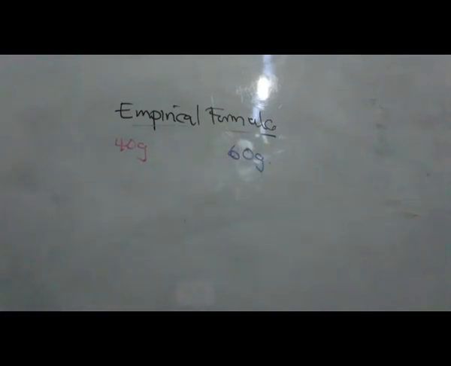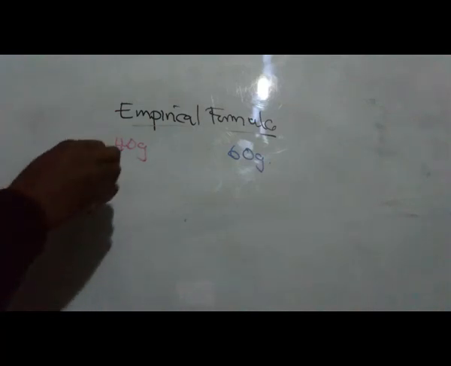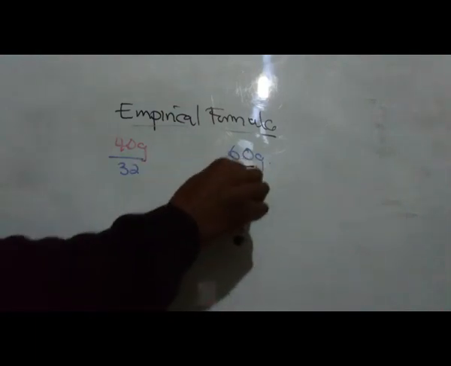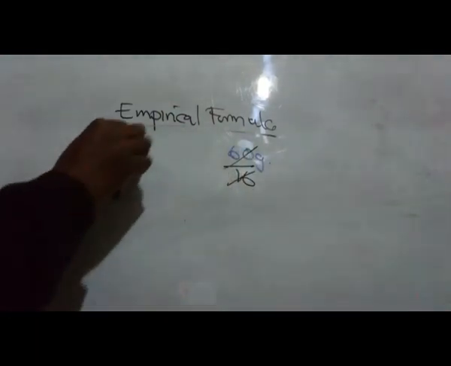Right, so the next thing we look at the relative molar mass of sulfur, which is 32. We divide by 32, and also divide here by the molar mass of oxygen, which is 16. Let's take our calculator.